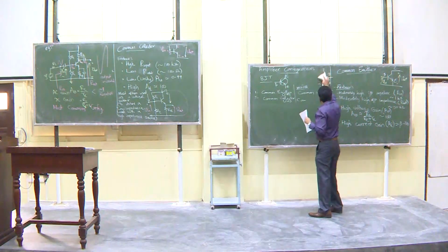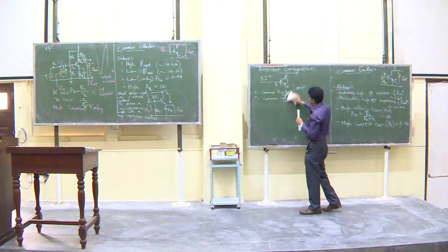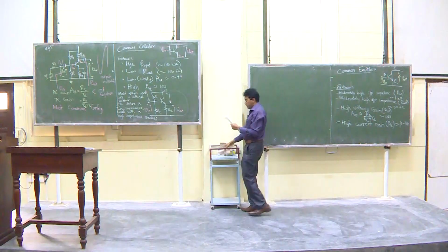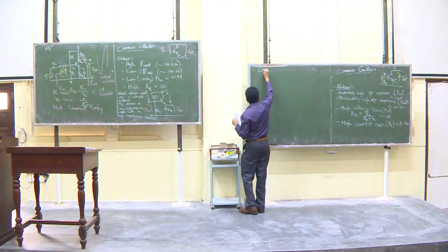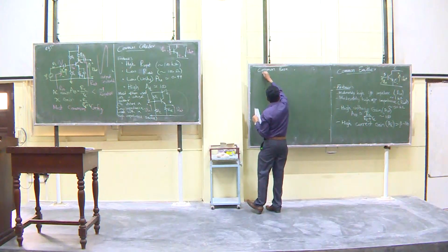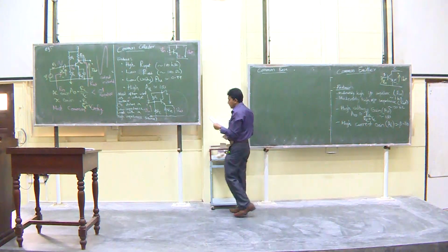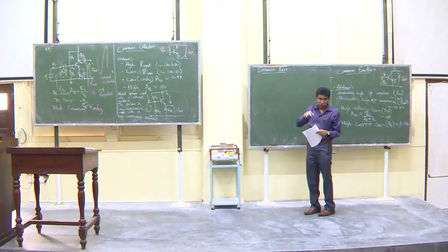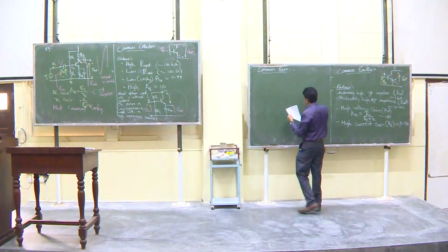All right, so those are the most widely used two types of BJT configurations, but we also have another type which is called the common base amplifier, CB. That's less common in this particular course, but will be useful in the future.